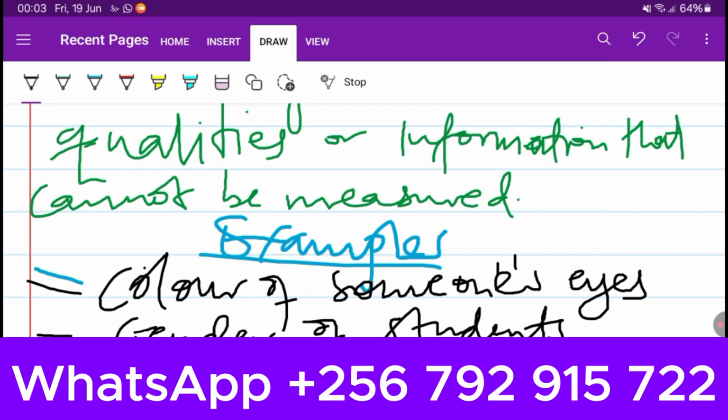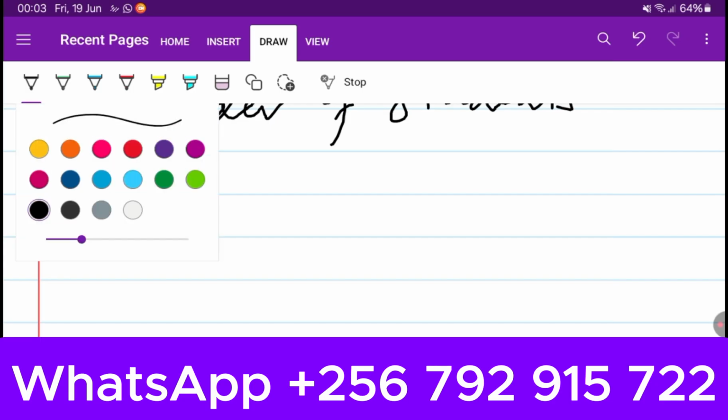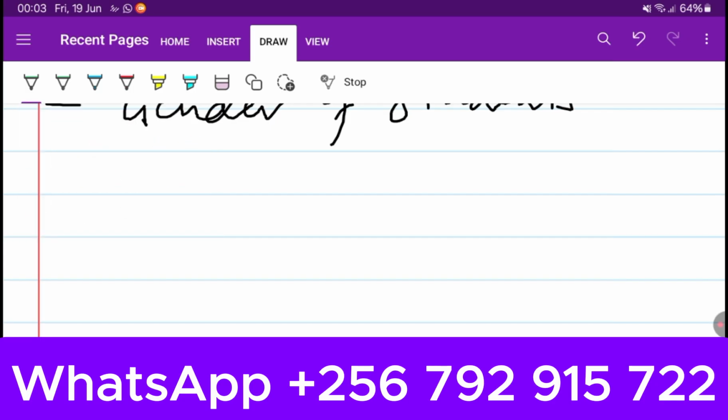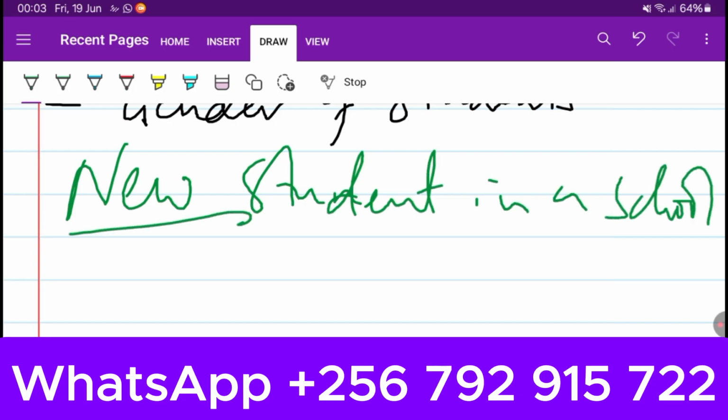Maybe we try to use the same example to elaborate more on the differences. If we use the same example that we talked about of a new student in a school, what can we talk about that will tell that whatever we have described is actually qualitative?